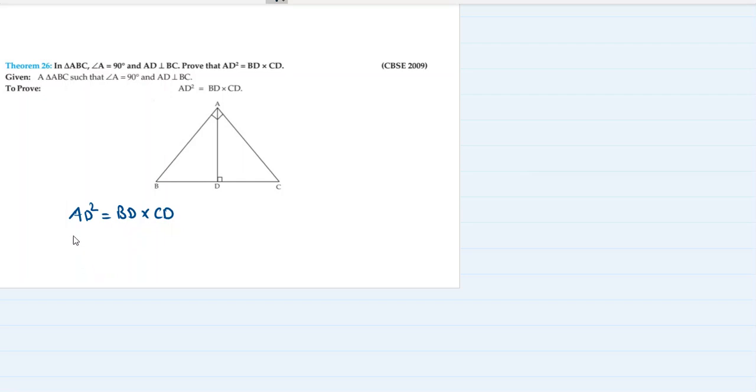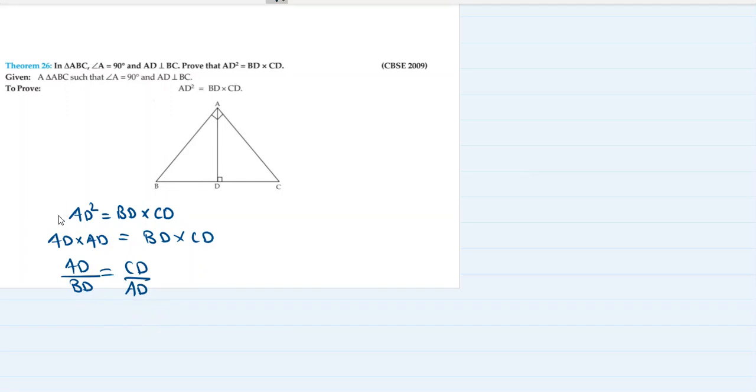Okay, now I told you in that technique that first you just write what you need to prove and then simplify it and write it in the form of a ratio like this: AD multiplied by AD is equal to BD multiplied by CD. This will become AD upon BD. AD upon BD is equal to CD upon AD.